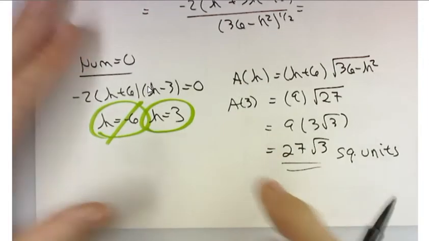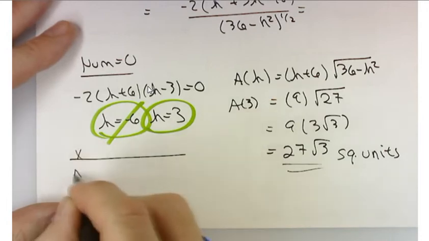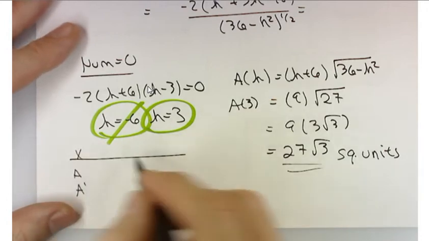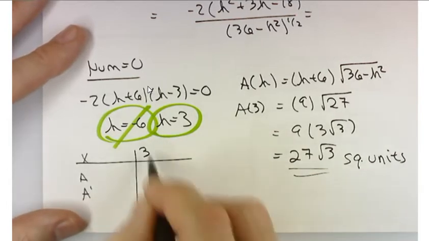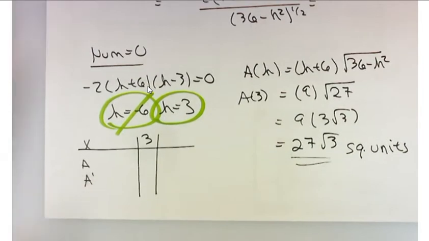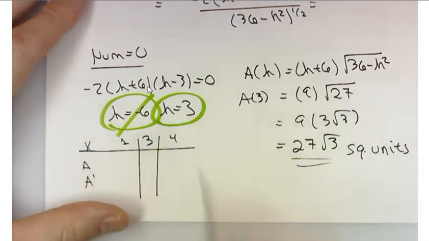So let me employ the first derivative test. So A prime, and let's look at the one that we care about, which is at 3. And let's test points on either side of that. Such a point would be 1, or another point would be 4.